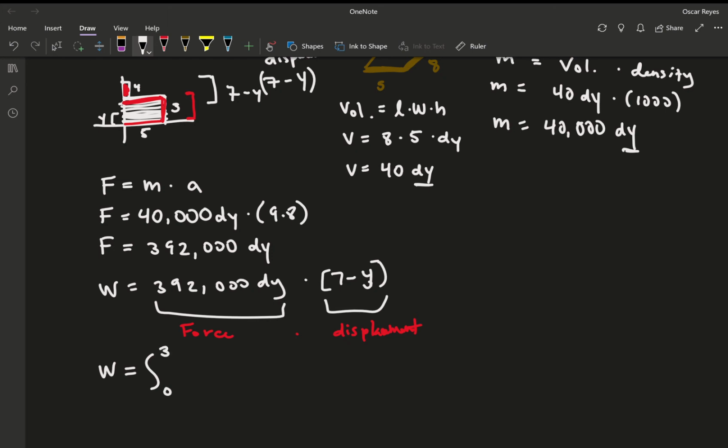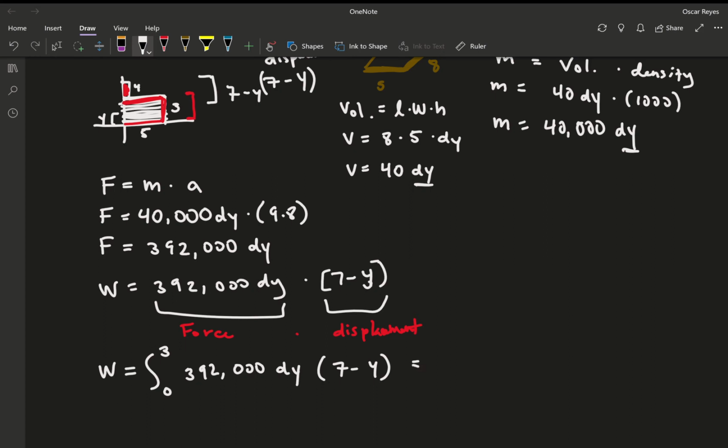And then we input the rest of our work formula into there. So we have our force, which is 392,000 dy, times our displacement, which is 7 minus y. And we input that into our calculator.